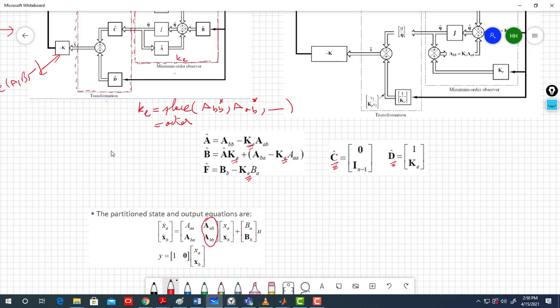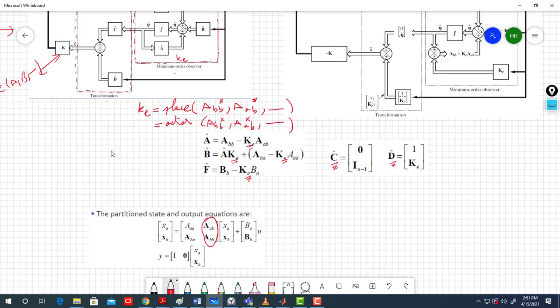Also, you need to choose them in a way that you converge quickly, so your X tilde should converge quickly to your X. Or acker, ABB star, AB star, and your desired closed loop dynamics of the minimum order observer.